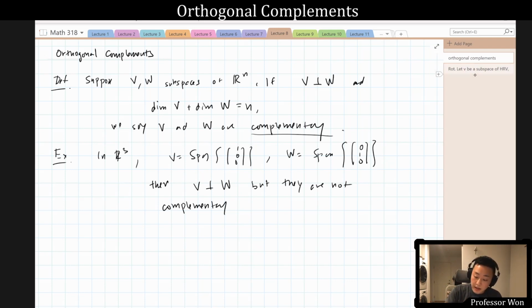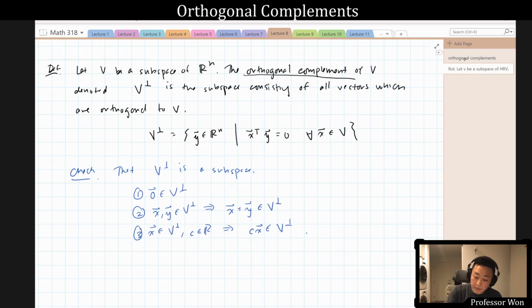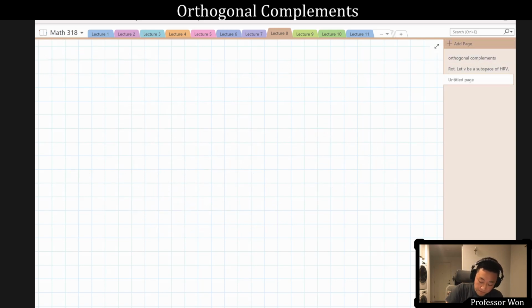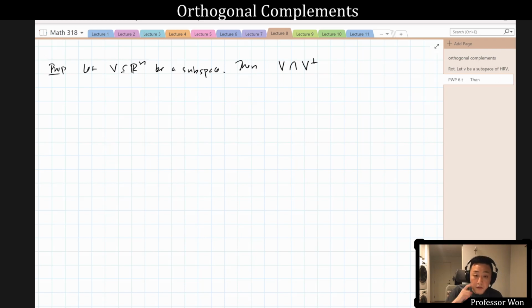Okay, so let's develop some properties of orthogonal complements. Here's the first one. Let V be a subspace. Then one thing is that if you look at all the vectors that are in both V and its complement, all you get is just the 0 vector.